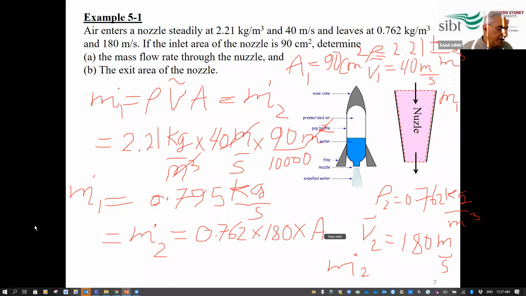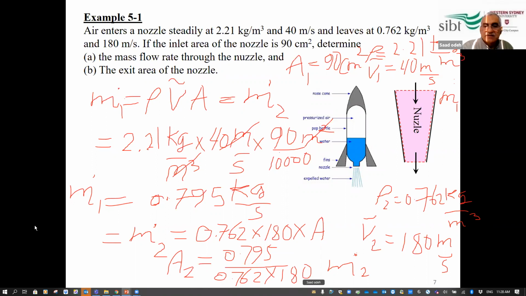So area 2 can be found. I can take the same value for mass flow rate, so I can say 0.795 divided by 0.762 multiplied by 180.